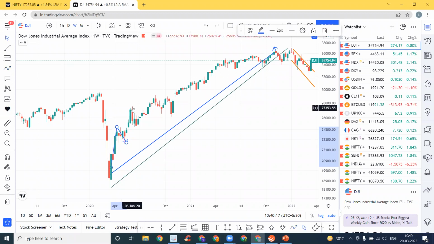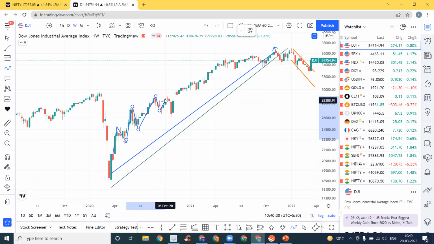Then it is going up, coming back, going up, coming back, going up, sideways, going up, sideways. Now, in this secondary trends also, what you see, there are multiple minor trends.